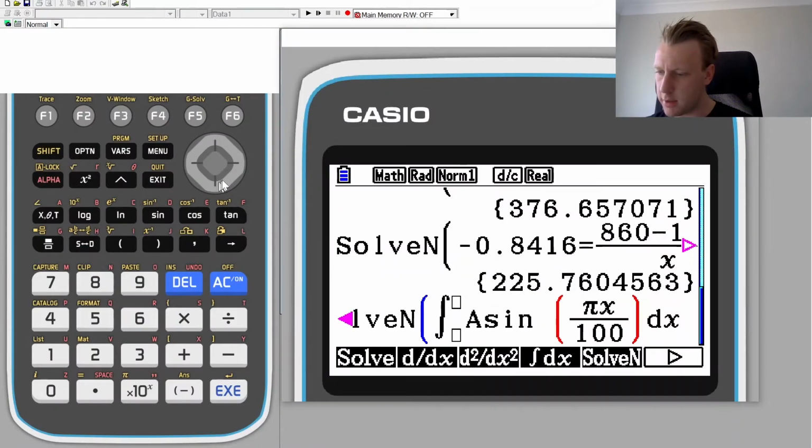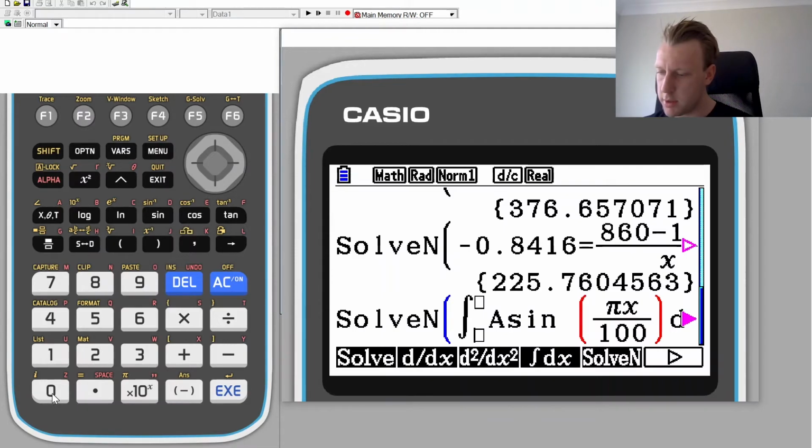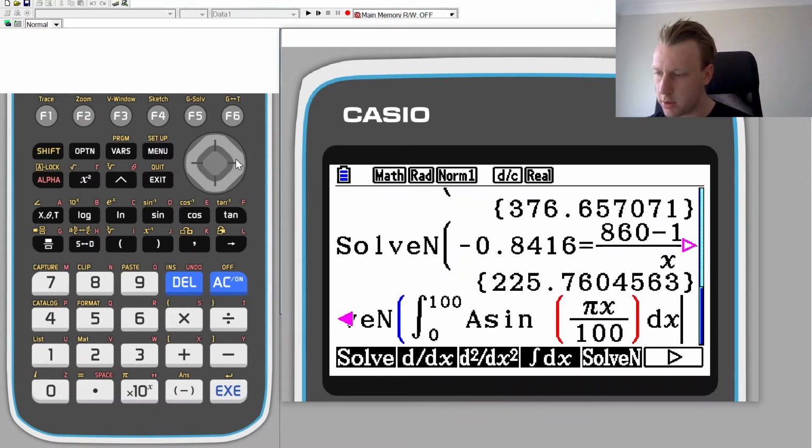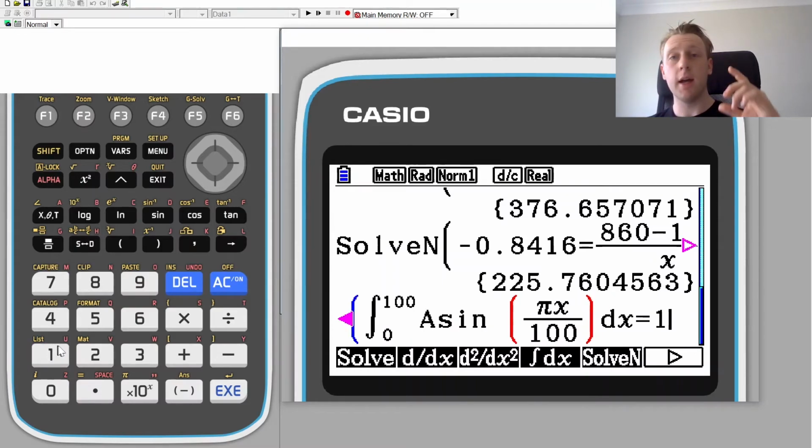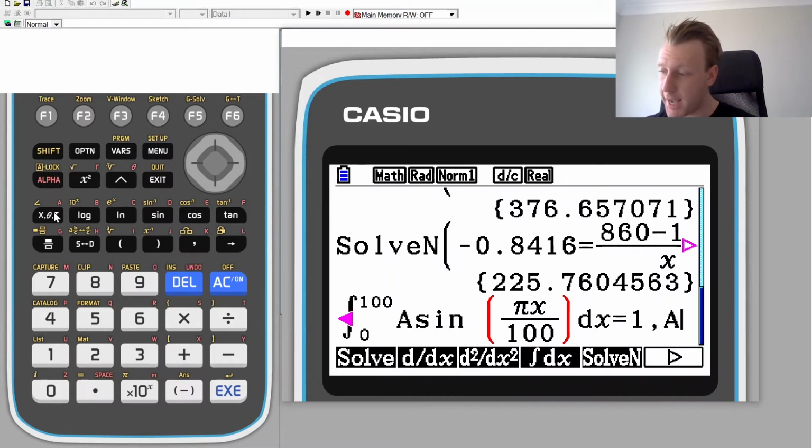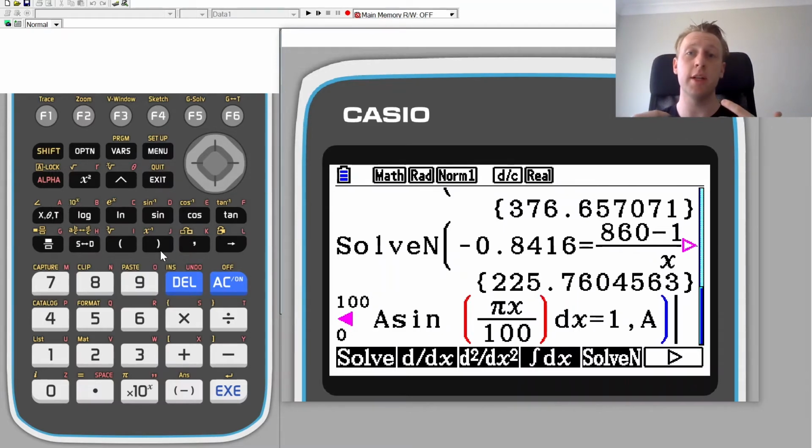Close that bracket. From 0 to 100 equals 1. But we haven't defined this unknown variable yet. So just go comma a. What you've put into your graphics calculator is something to solve numerically, and you've defined that a is some unknown value.